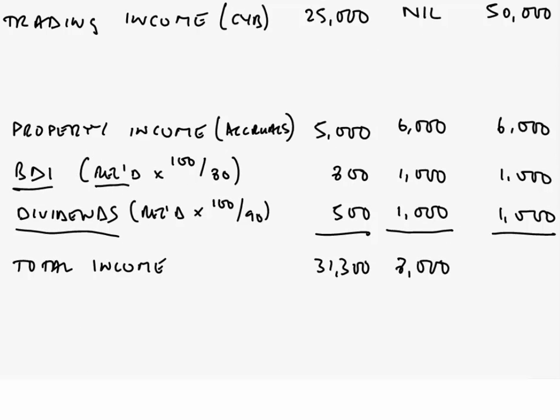Right, so let's think what the reliefs available were. Set off against the total income of the current tax year and or the preceding tax year. Right, you've got a total income in the current tax year of £8,000. You've got a total income in the preceding year of £31,300.